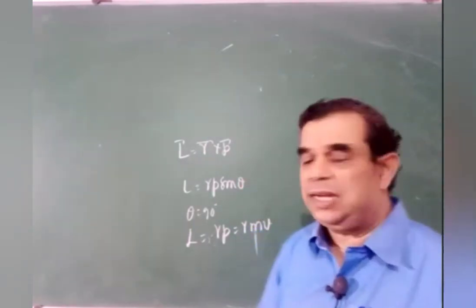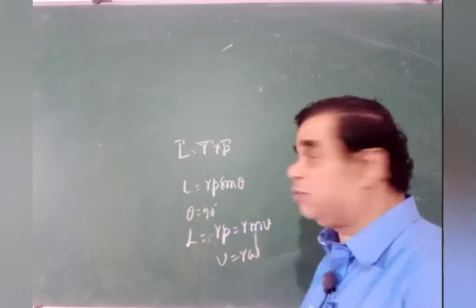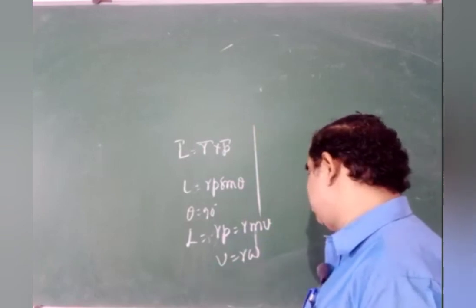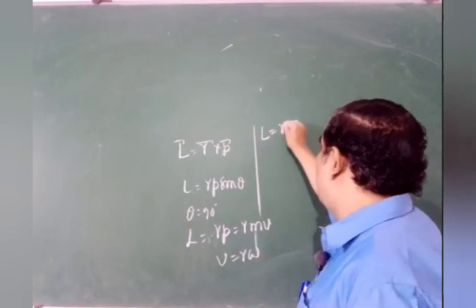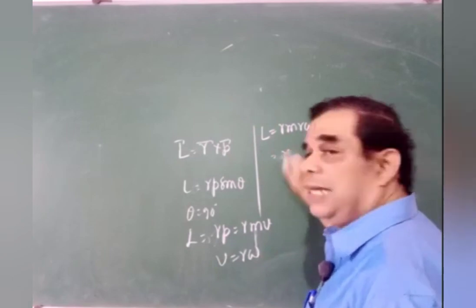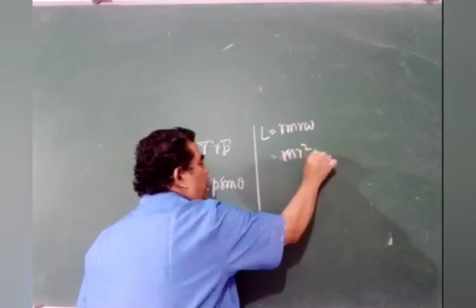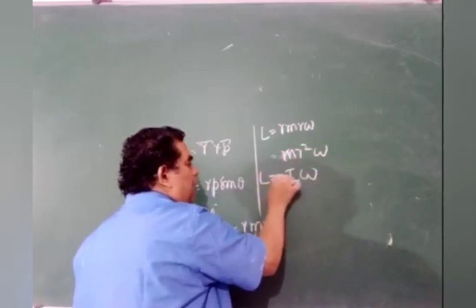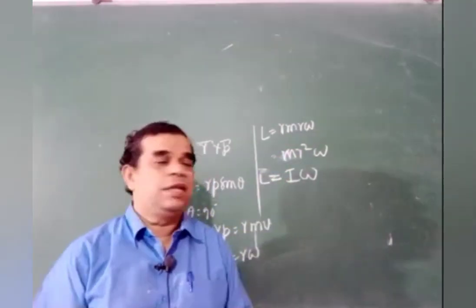But what is v in terms of angular R omega? V equals R omega. Therefore, L equals R m R omega. So m, I write like this, m R square omega. What is m R square? Moment of inertia. Observe. Angular momentum can also be written in terms of moment of inertia, I into omega.